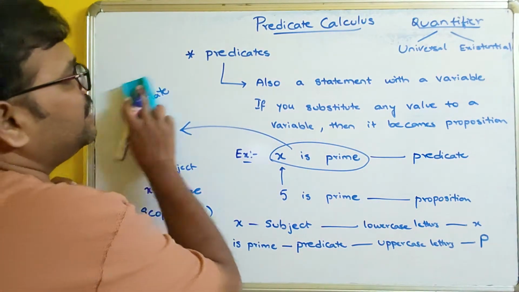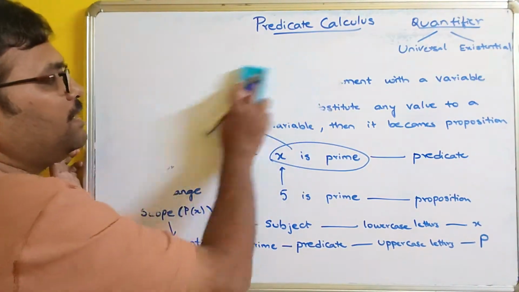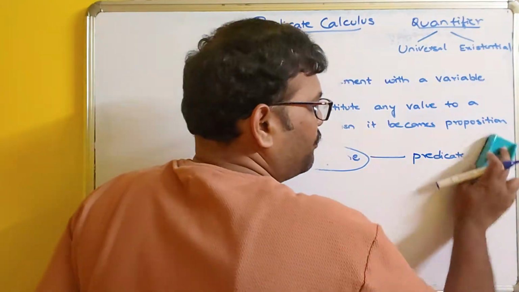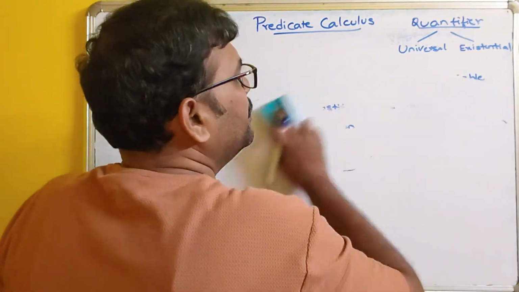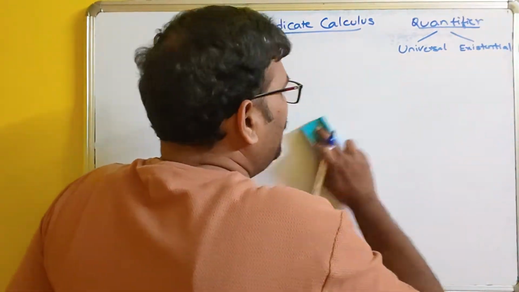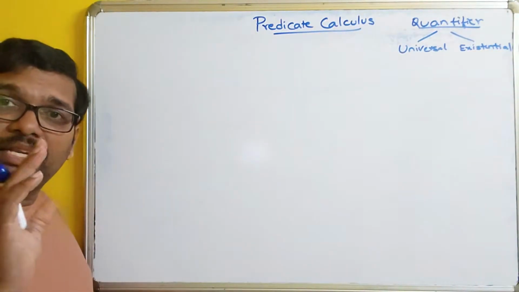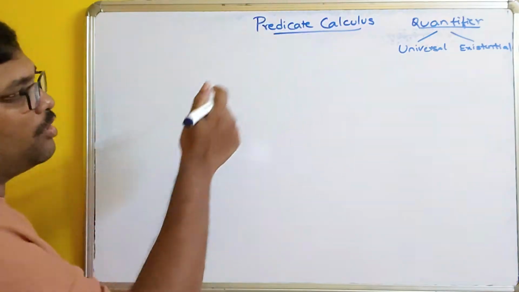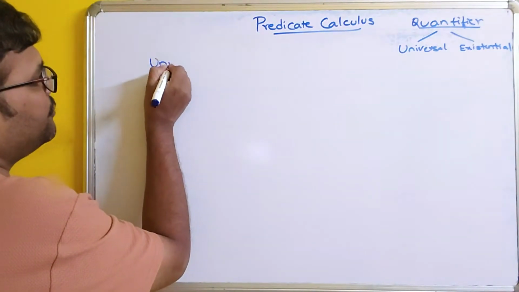We'll see these quantifiers and then go through a few examples, and we'll stop. Till now, hope you understood what a predicate is and how it differs from a proposition, right? So now, the universal quantifier.